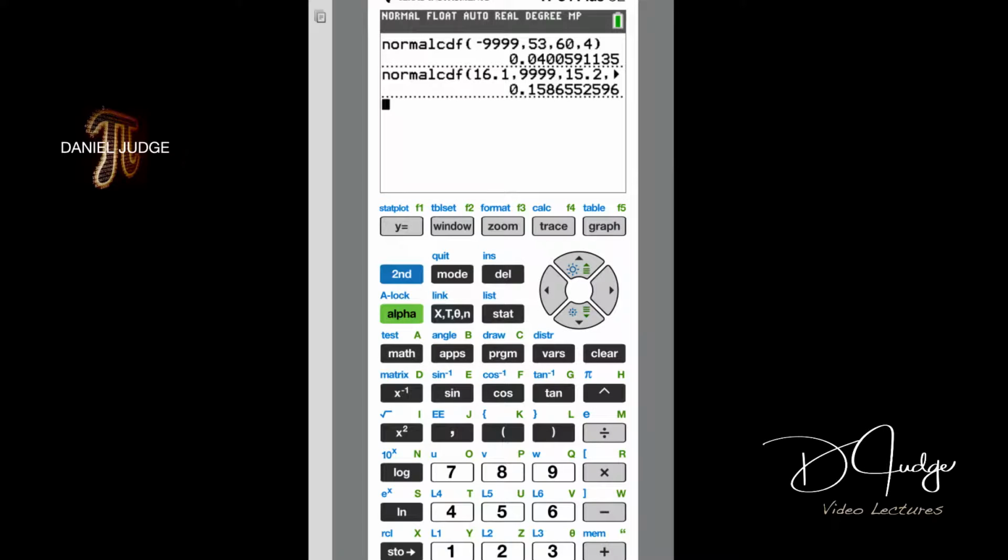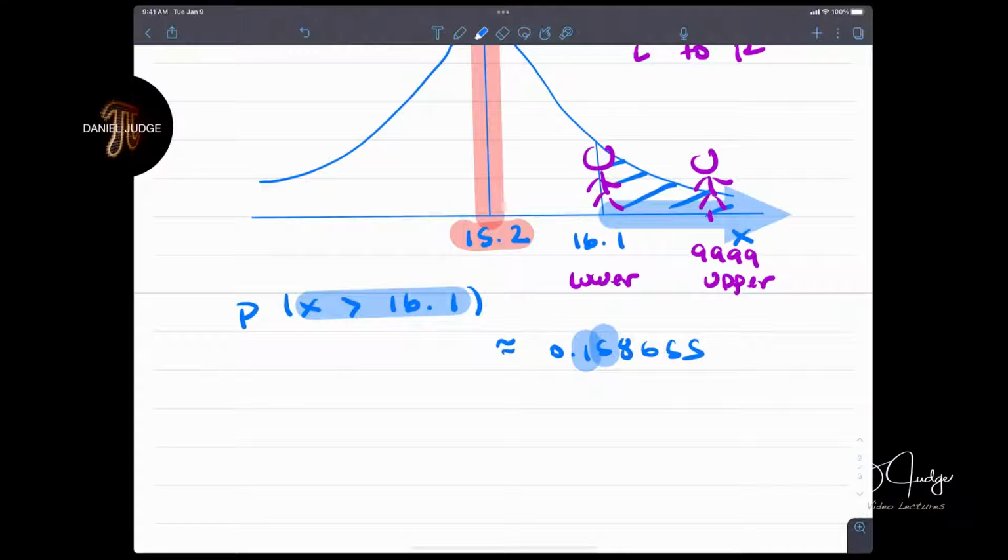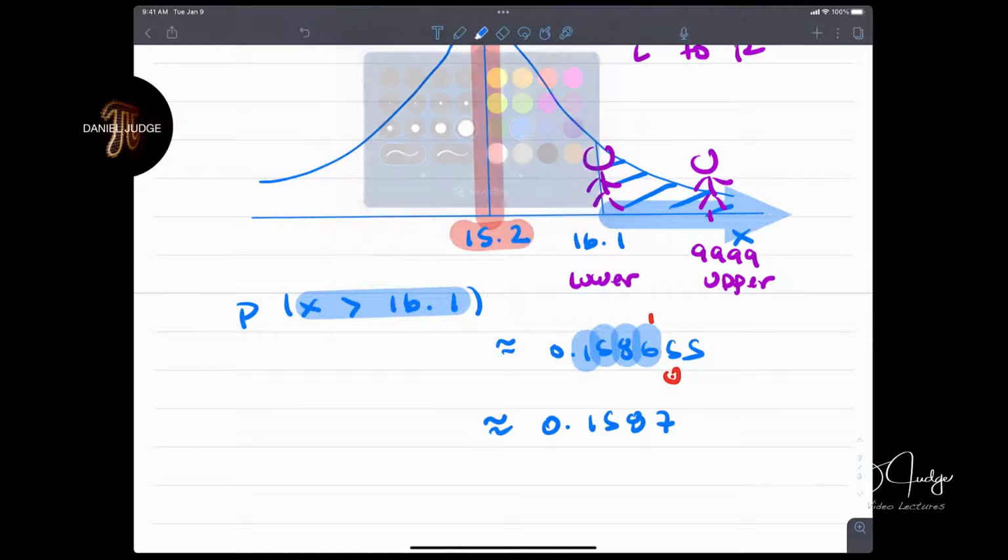We're going to approximate this to the nearest 10,000s. 10, 100, 1,000, 10,000. Look at the digit to the right. It's a 5. That means add 1 here. So your answer is going to be approximately 0.1587. This is a probability value. So if they ask you for probability, you give them probability. There you go.